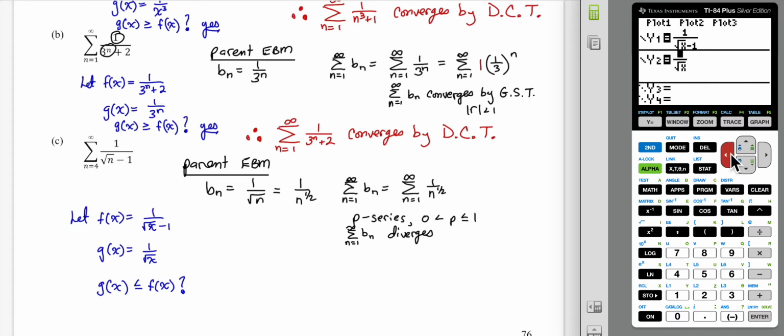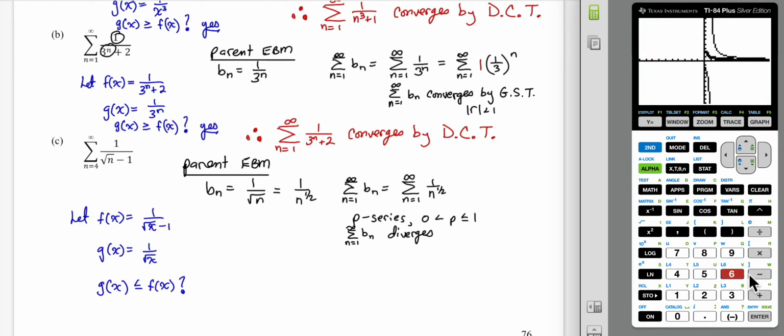And then I'm just going to make sure again that this one's bolded. Start off with a zoom 6. All right, so the bolded one, which we know diverges, even though it doesn't really look like it here, it's going to diverge. It appears to be trapped between the non-bolded and 0.